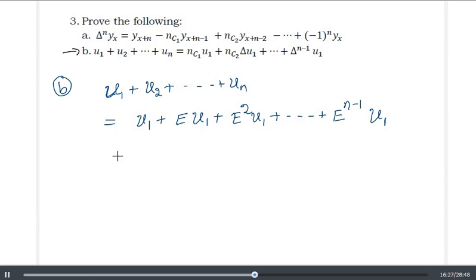Do you agree with me? So this can be expressed as 1 plus e plus e square plus and so on plus e power n minus 1, this acting on u1.